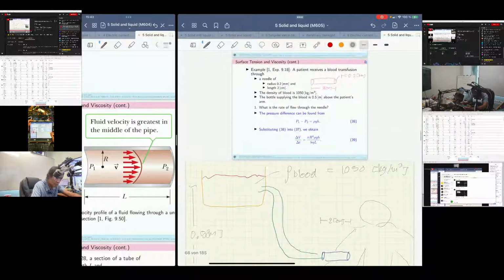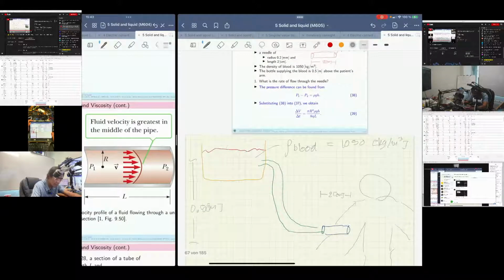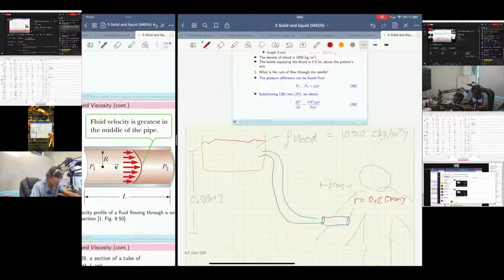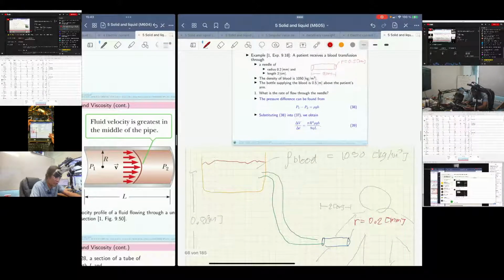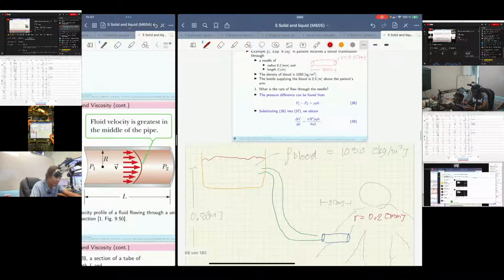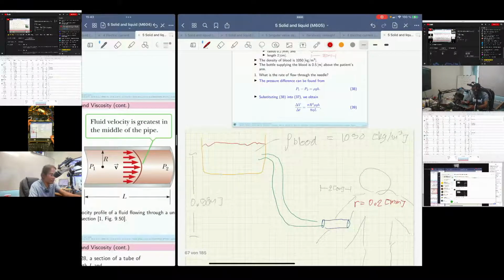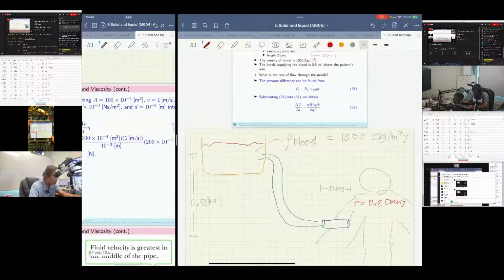And the radius of the needle is 0.2 millimeter. That's it. And one thing we need to know is the viscosity of the blood.